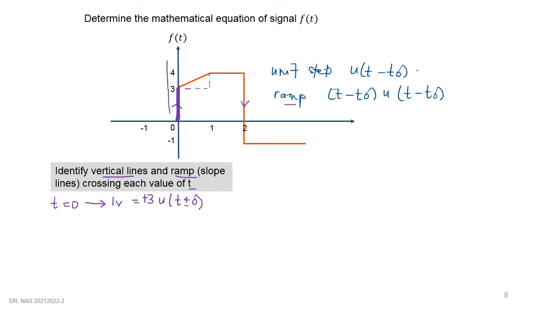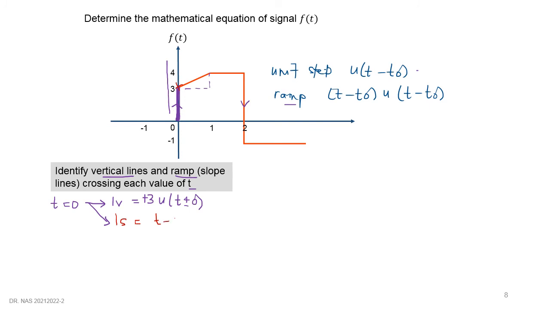What else? At t equal to 0 also, you may notice that there's the starting point of the slope. So you have one slope. The equation for the slope will be (t minus t naught) u(t minus t naught).